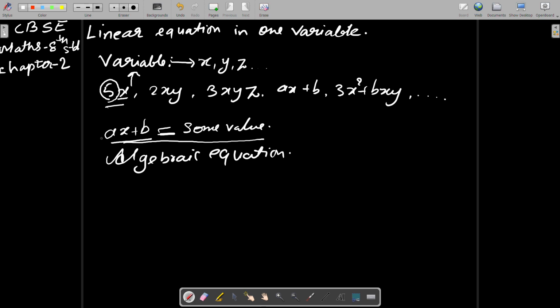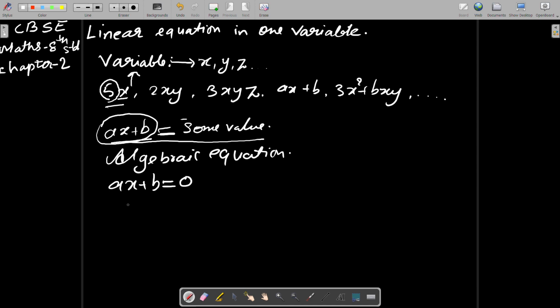That the value of one particular side of the equation is equal to the other side of the equation. Now how? ax plus b is equal to 0. What I am saying is that the value of ax plus b will be equal to 0. How we are going to satisfy that, or how we find the value that makes this side equal to 0, we will see in the examples.